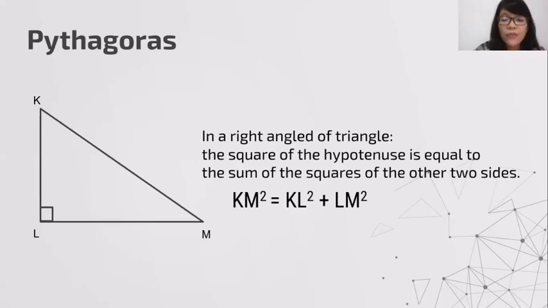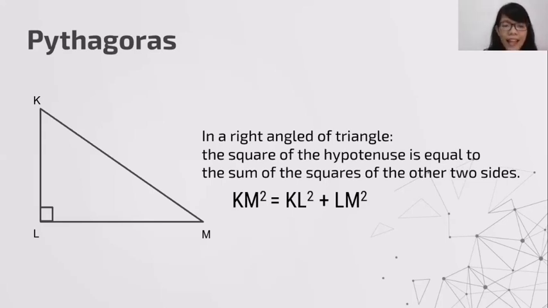From this formula, maybe you guys are familiar with C squared equals A squared plus B squared. That comes from this one. I'm sure that you guys are more familiar with C squared equals A squared plus B squared.